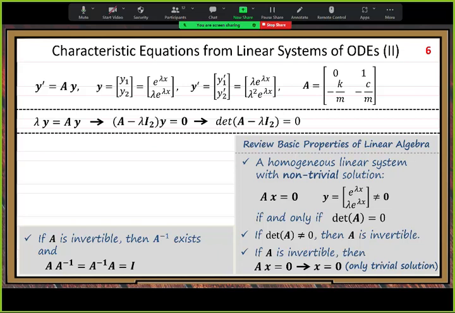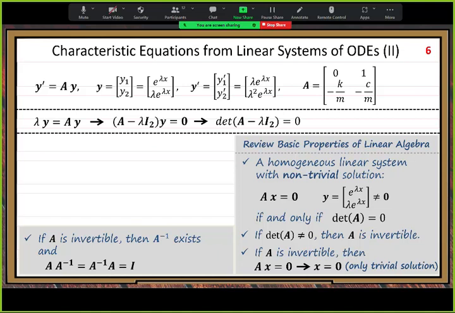You multiply the inverse with the original matrix, you get the identity. You can do the multiplication either way, and you get the identity matrix. That's the property.